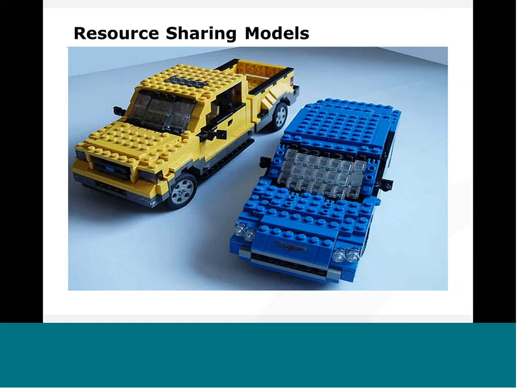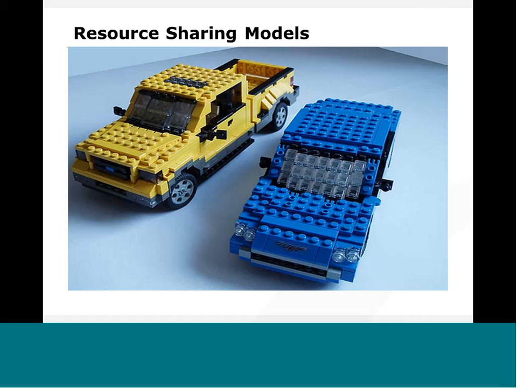The other key concept that we have to understand when discussing resource sharing is the different models that exist out there. There are different flavors, and I've just commented on that when we started the discussion on the basic difference between what we traditionally called ILL, interlibrary loan, and traditionally called consortial borrowing. These are two different types of resource sharing.